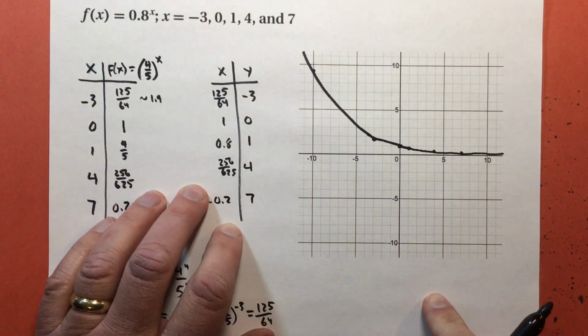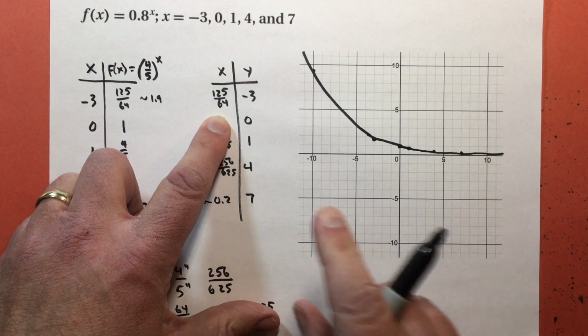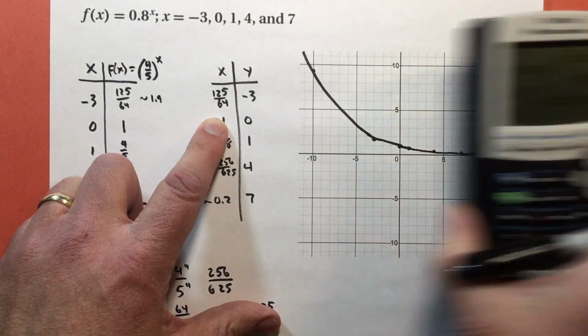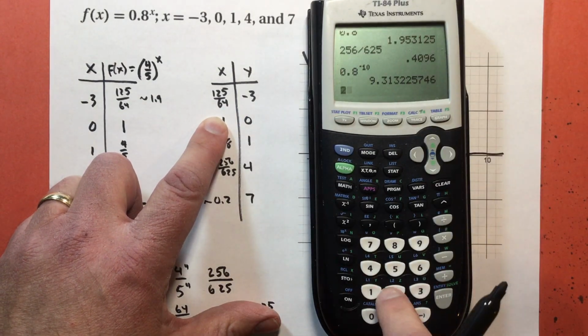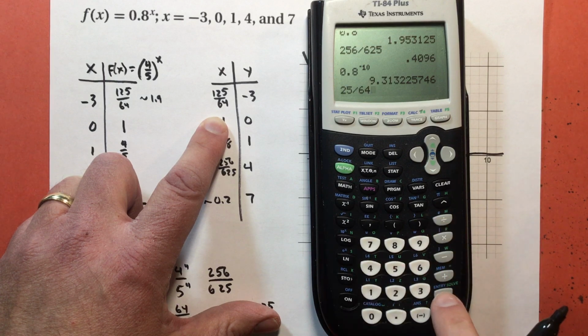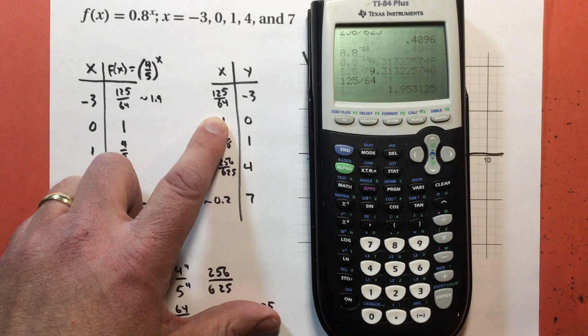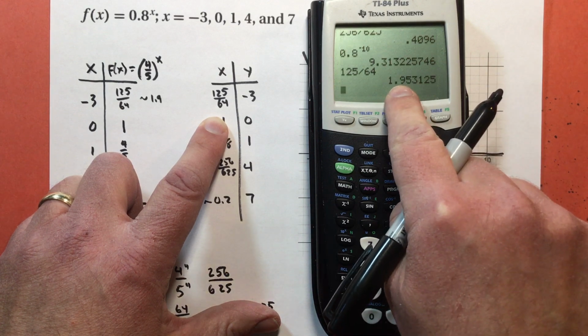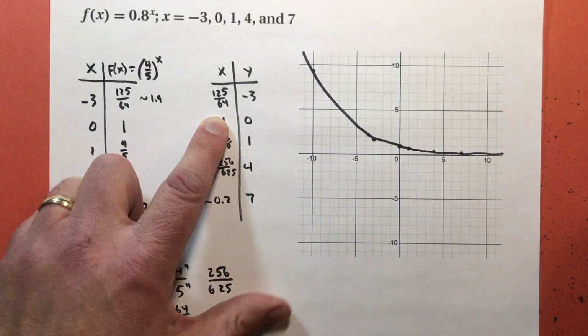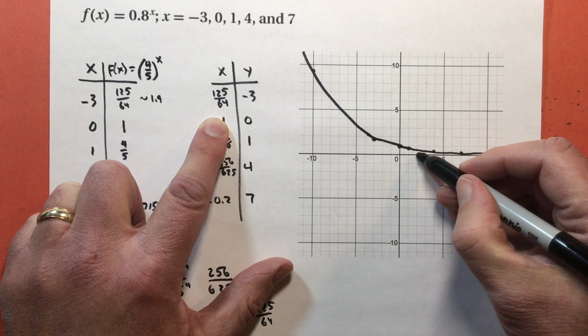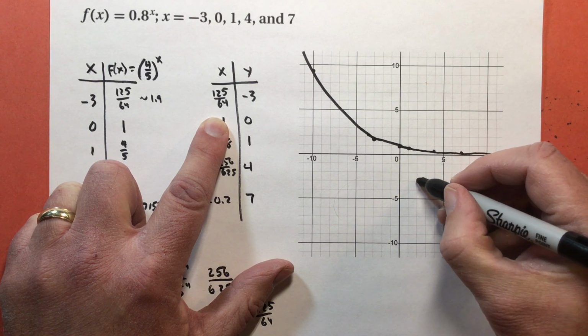How do I graph this? All right, so remember 125 over 64 is a little bit less than 2. So I'm going to come over to 2, just a little bit before that, and go down to -3.